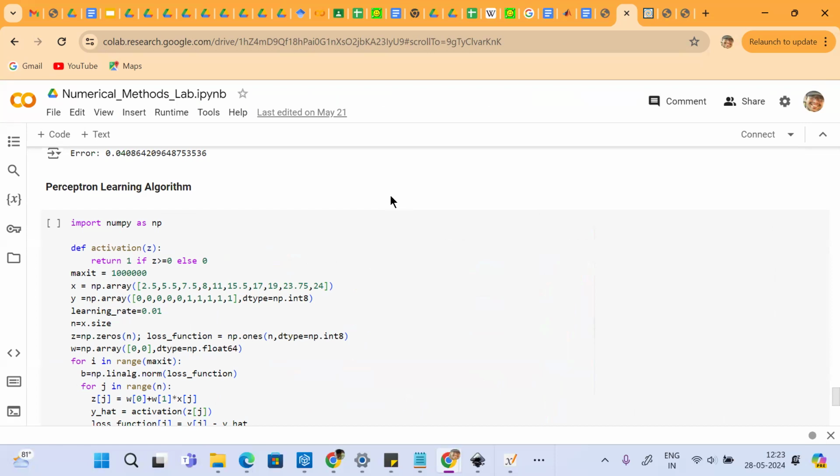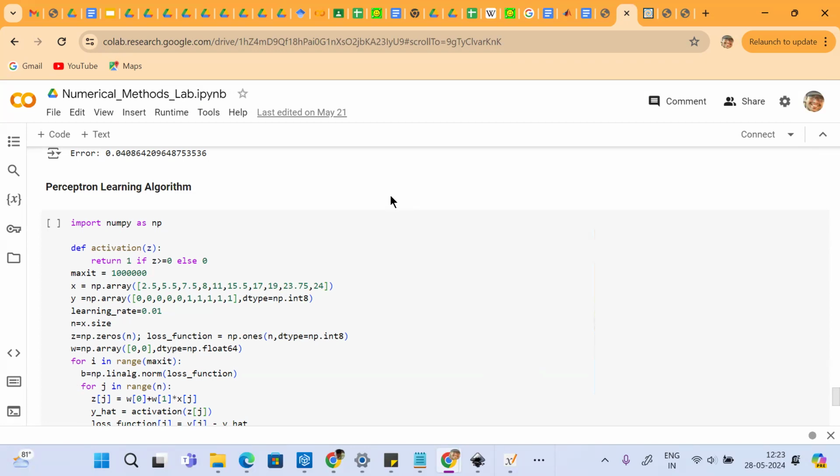W(k+1) equals W(k) plus learning rate times the error times the input x. We are taking the motor data. We'll solve for both: one x variable, the age of the motor, and age and temperature of the motor. So we will see a point decision boundary and also a line decision boundary.